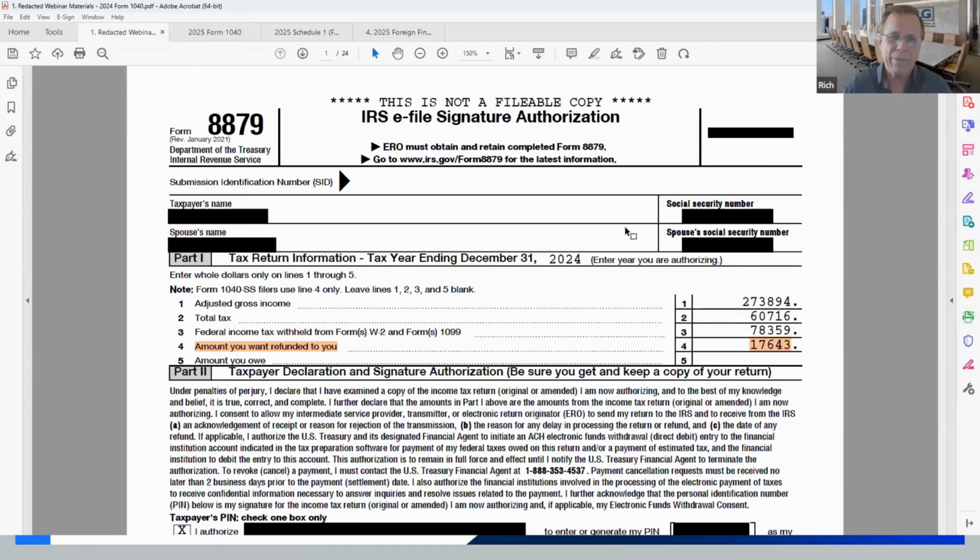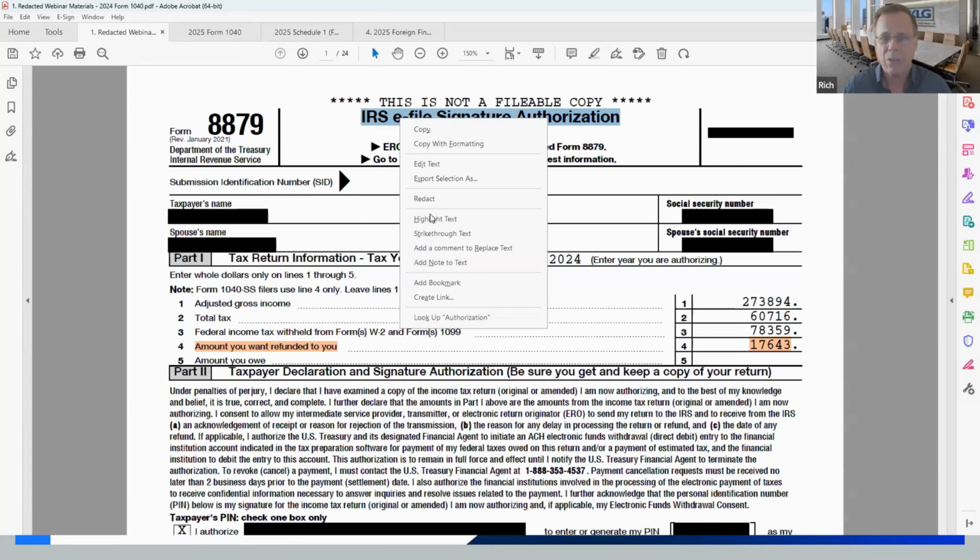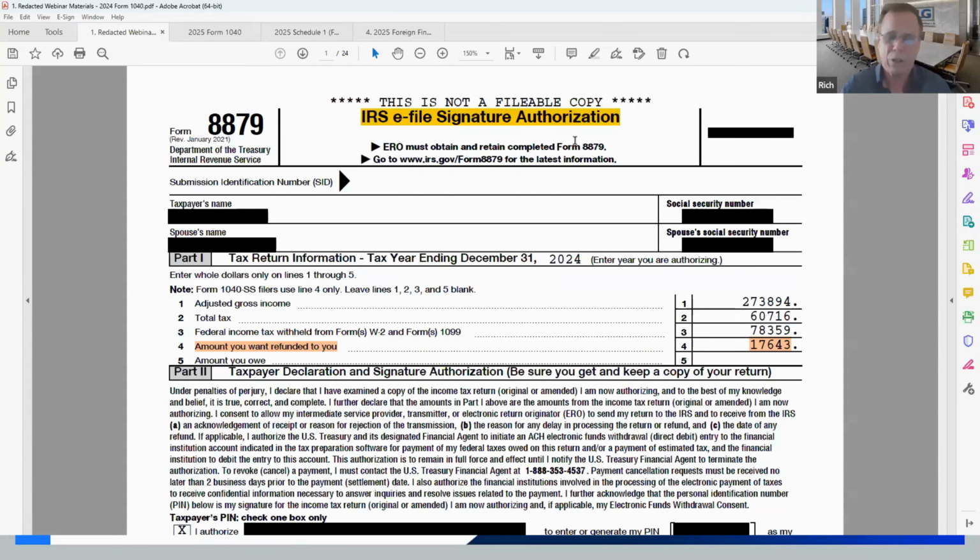And the 8879 is authorization from the parties that allows the preparer to sign their name electronically and file the return electronically with the IRS, and this stays with the taxpayer. This gives me a little confidence that the return I'm looking at was the one that was actually filed, or that the return was filed.